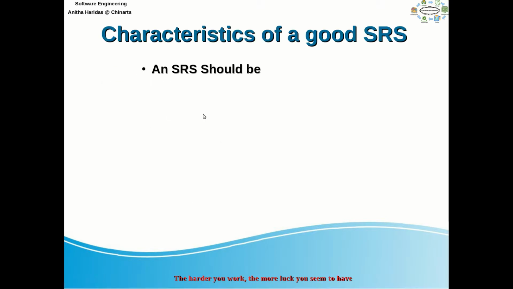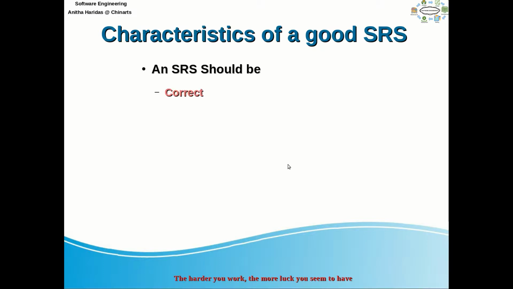Now let us see what are the characteristics of a good SRS. If I want to call a software requirement specification document a good document, these are the characteristics it should have.